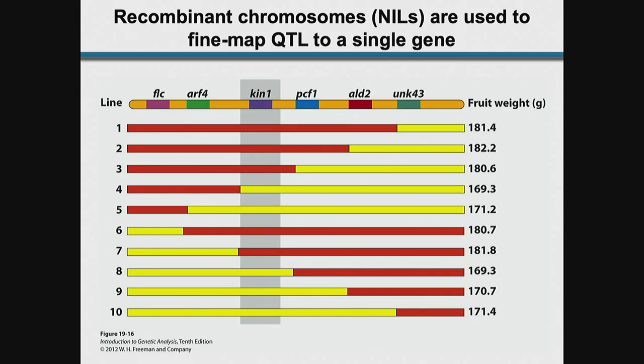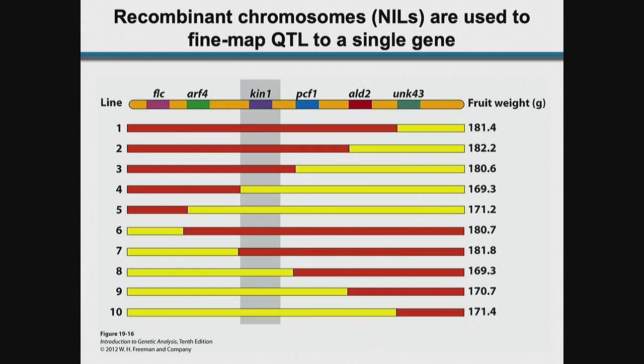Okay, we can try to get rid of the effects of the environment by doing that. Okay, so these are the different lines. And what we want to do is find the locus that best matches the genotype, in other words, the allele from the parent, with the phenotype, okay?